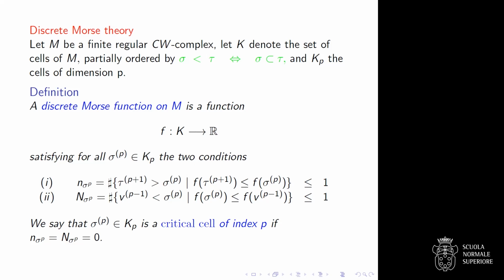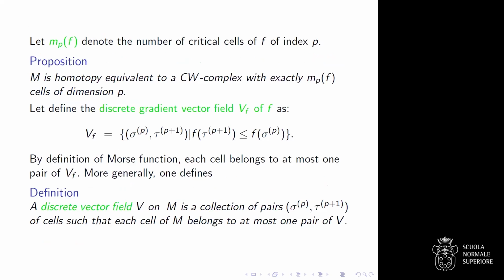Of course, as happens in the continuous case, finding a Morse function is a nightmare. So let's let go of the idea of finding a Morse function. What is easier to find, and what we did indeed, is to describe the discrete gradient vector field.